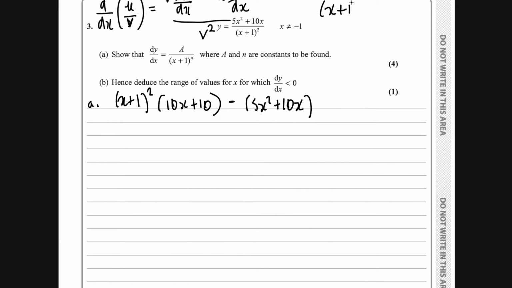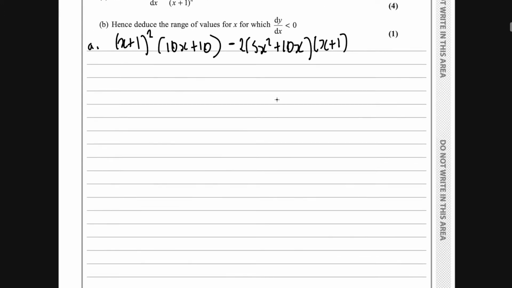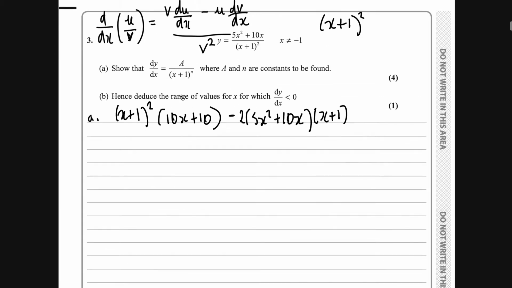So the derivative of x plus 1 squared, we take this there, and then we multiply our answer by the derivative of what's inside of the bracket, which is 1. So we're going to be getting 1 times 2 times x plus 1, which is just 2 times x plus 1. Put the 2 there, and the x plus 1 there. And that's going to be over, okay, v squared.